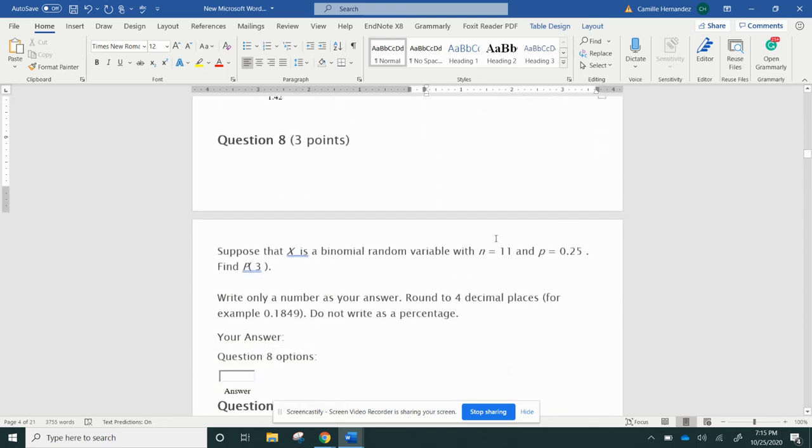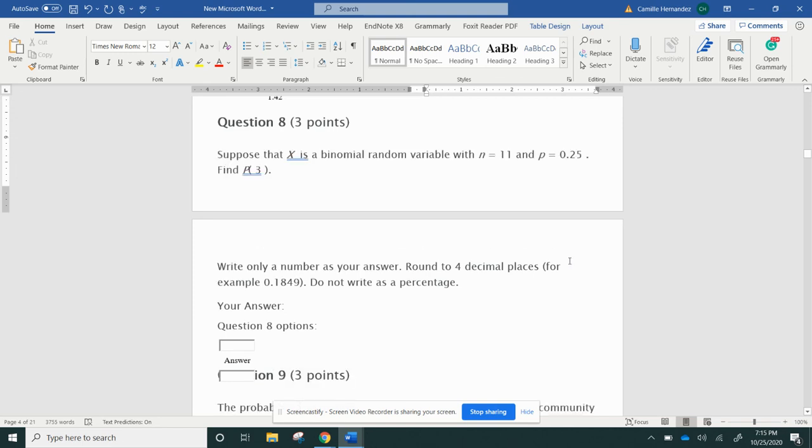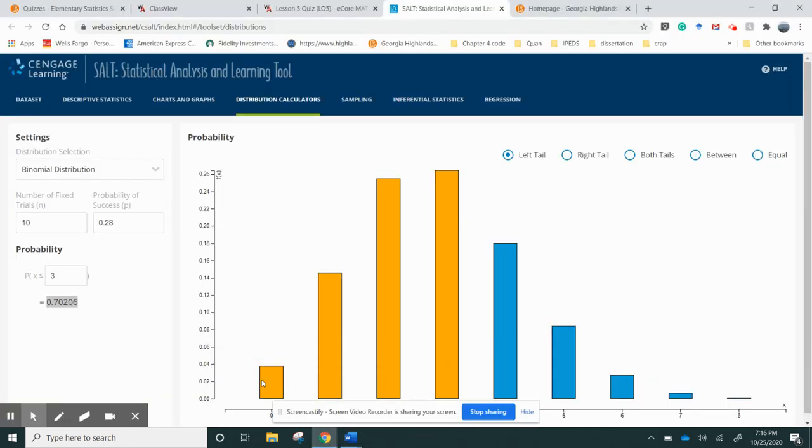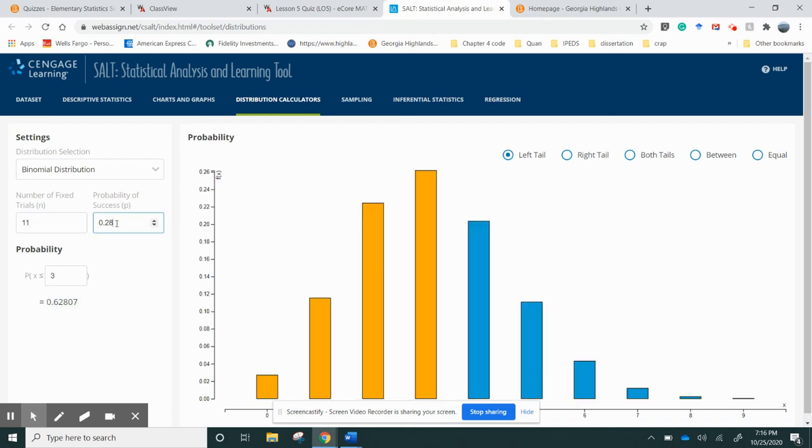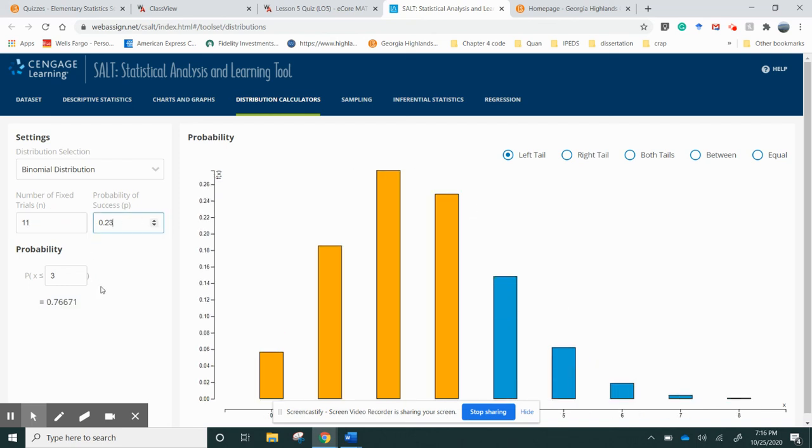Suppose that x is a binomial random variable with n equals 11 and p equals 0.25. Find the probability of 3. So it told me n was 11 and p was 0.25, and I want exactly 3.